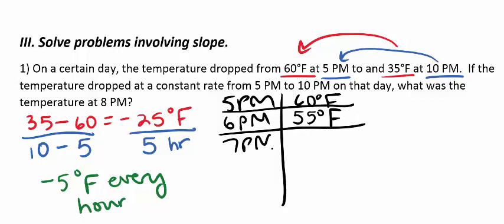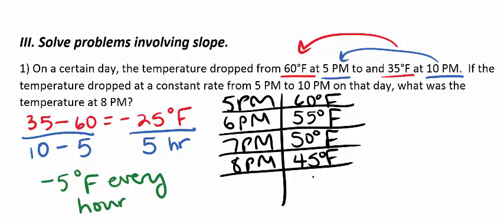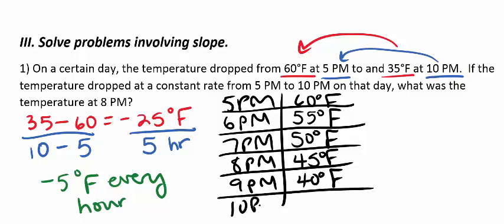At 7 p.m. it dropped another 5 degrees, so now we're down to 50. 8 p.m. we dropped another 5 degrees, we're down to 45 degrees Fahrenheit. 9 p.m. it dropped another 5 degrees, so we're down to 40 degrees Fahrenheit. And then at 10 p.m. it dropped another 5 degrees, so we're down to 35 degrees.